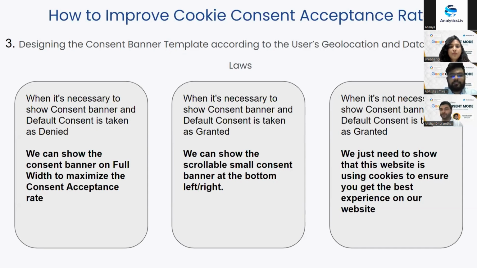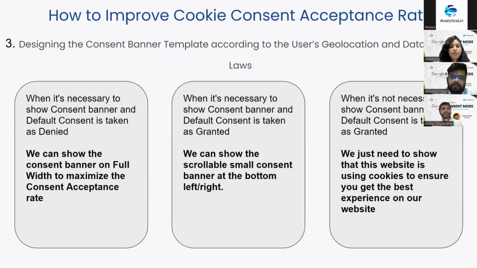In India, for example, we don't have such strict laws, so we will have a different kind of data strategy. In the EU and in California, we have very strict laws, so we will have a different data collection strategy. Similarly, there are some other areas also. We can divide the world into three regions.